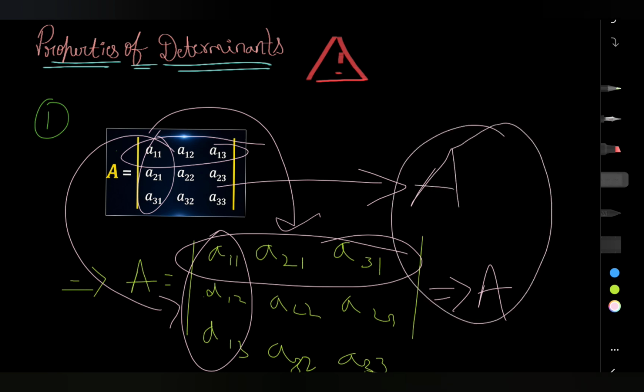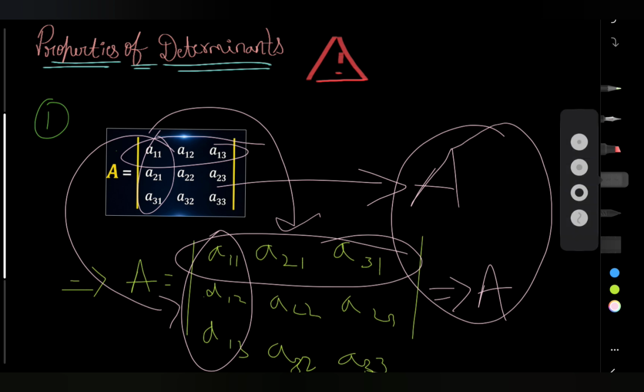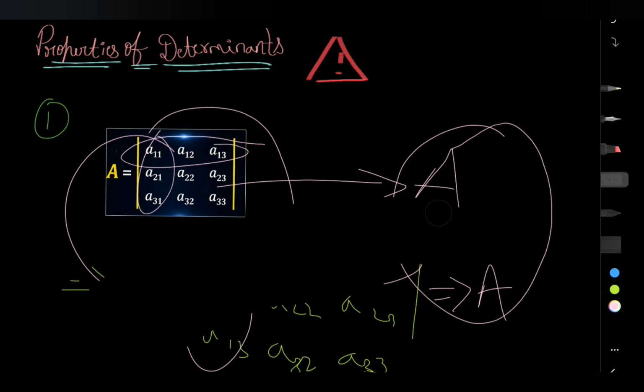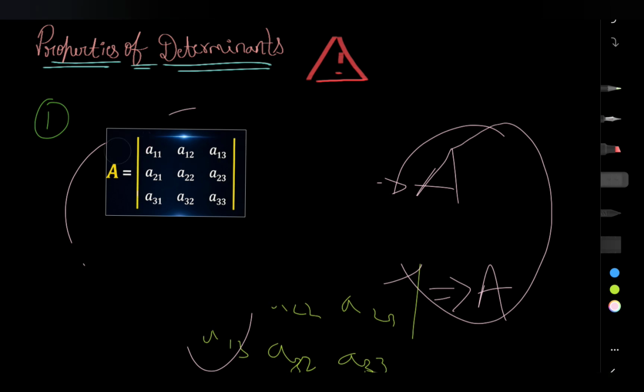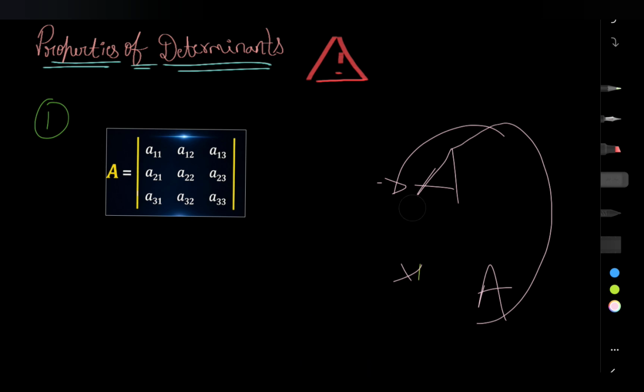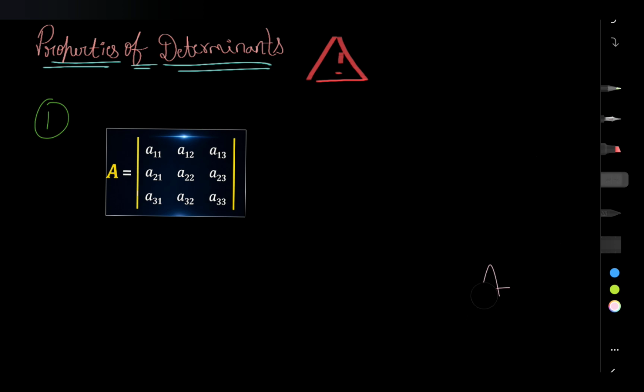This was your first property: if I interchange any row with a column, the value of the determinant will not change. Second property: if any two rows or columns are interchanged, the value of the determinant is multiplied by -1.